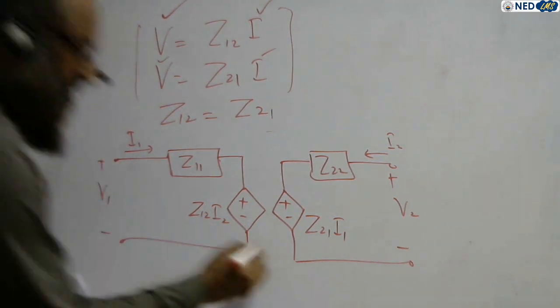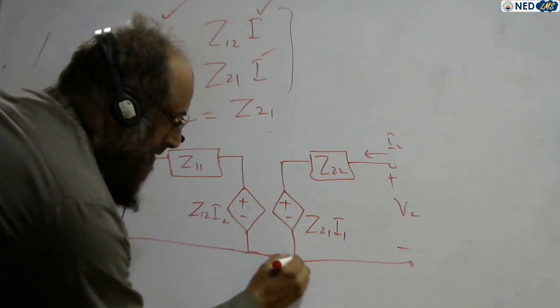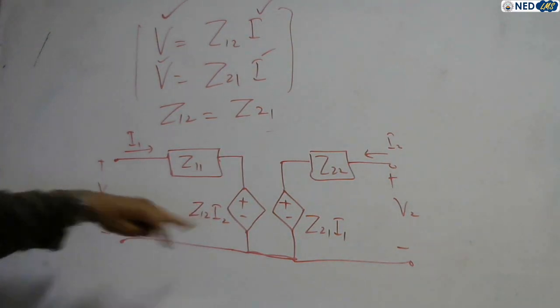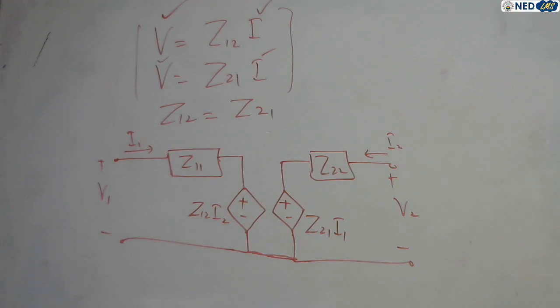If the network is not reciprocal, the dependent source shows the corresponding value. I hope you understand.